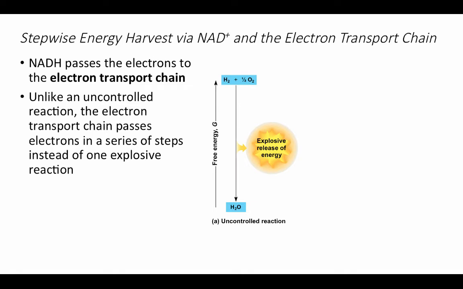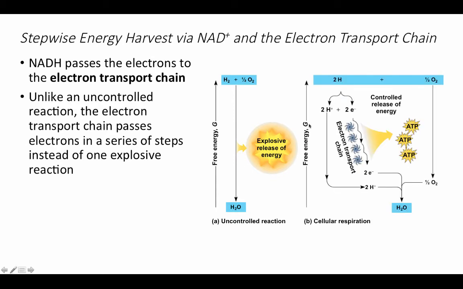So if we were to just burn these molecules in one kind of explosive step, basically we're going to have a huge release of energy that's just going to be dissipated as heat and light. Instead of doing an uncontrolled reaction where we just burn it all up, the electron transport chain passes electrons in this series of steps.